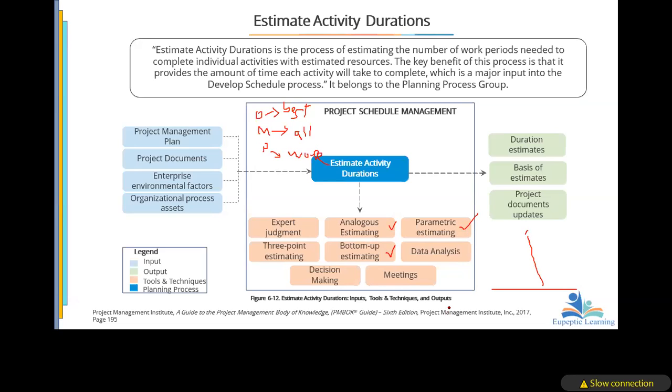You understand? If it will take 3 days to tile maybe 50 by 50 square foot, then since we are looking at 100 by 100, it will take about 6 days, that kind of estimation.